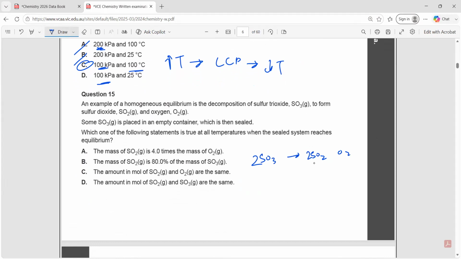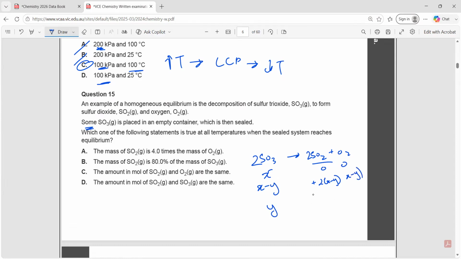So basically, let's say, for example, this is X. We have some X, some SO3 that's placed in the container. This is 0, 0. And we have Y that's left. So then the overall change would just be X minus Y. And so then this would be 2X minus Y, and then just X minus Y.